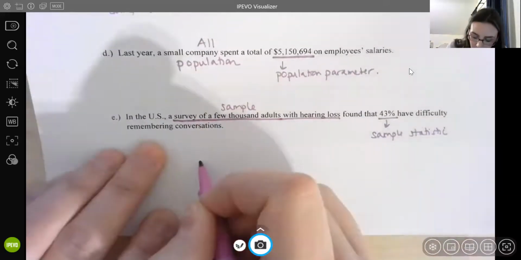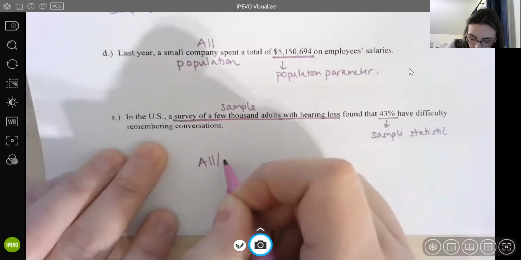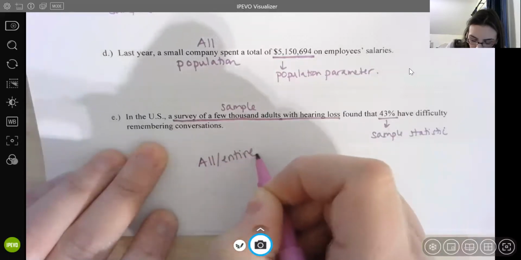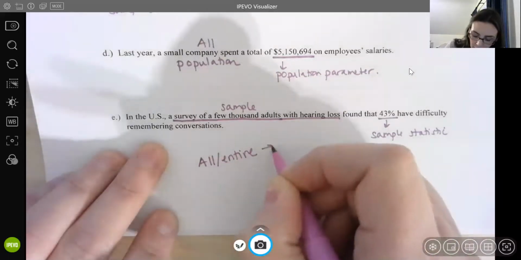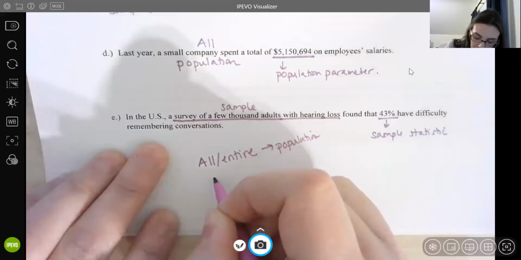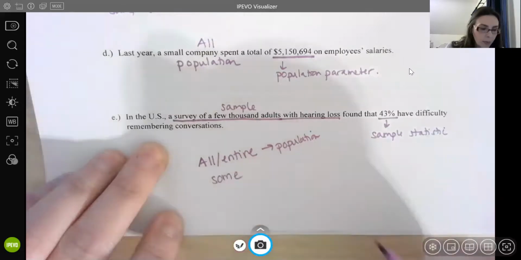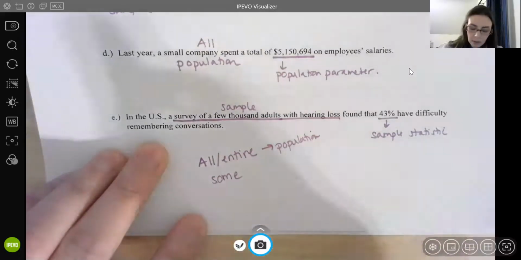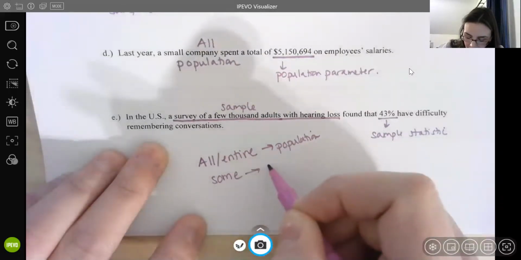So if you think about it, if we're looking at all data or the entire group, then you're looking at a population. If you're looking at just some people or just some items, then you have a sample.